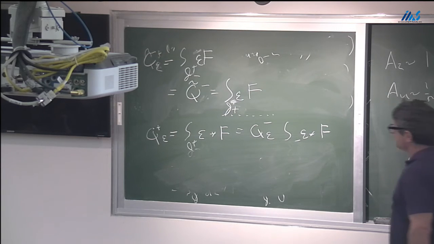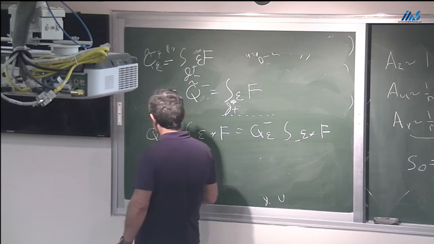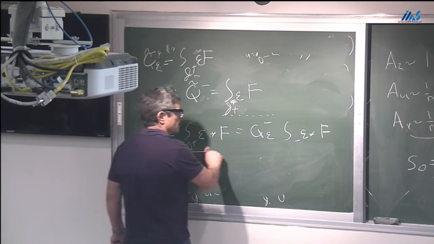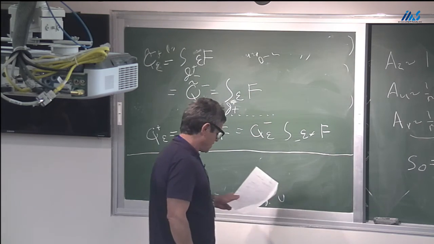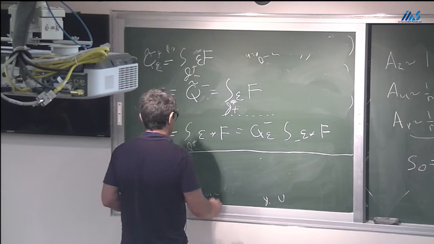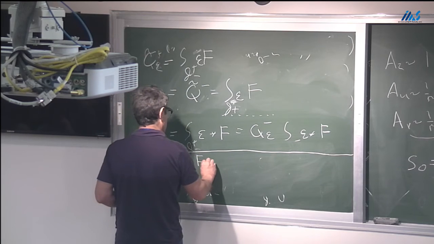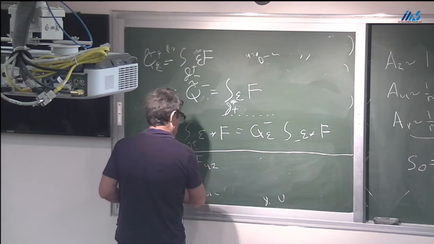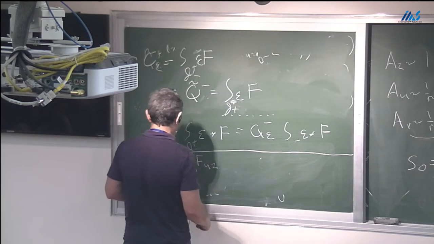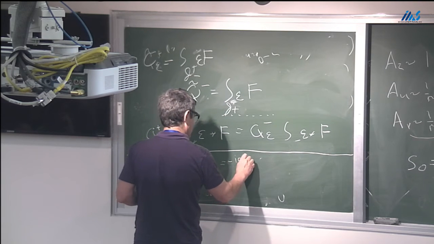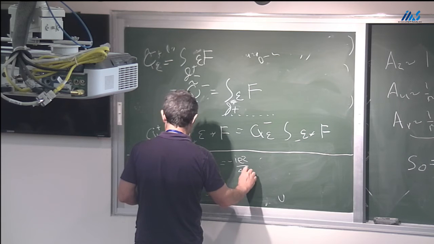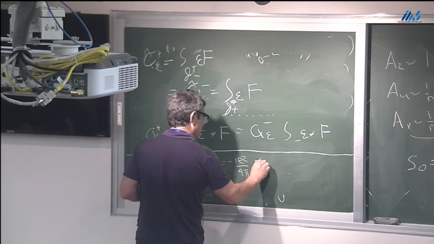Now, it's interesting to note that if we look at F_uz, under duality, F_uz is equal to minus i e squared over 4 pi times F tilde_uz.